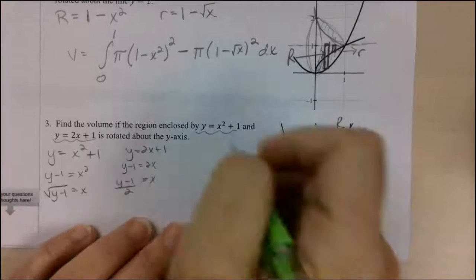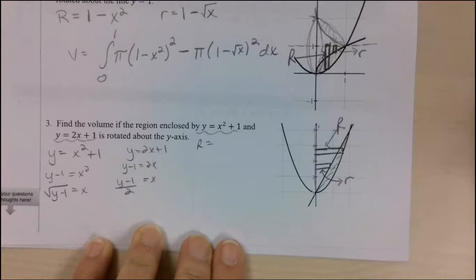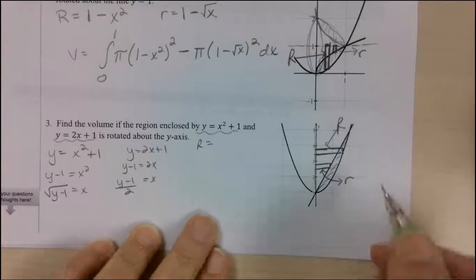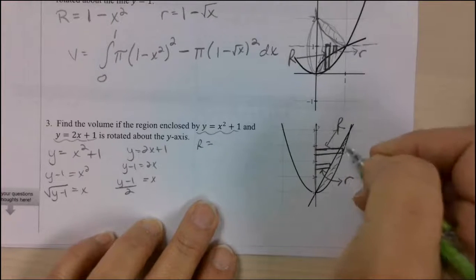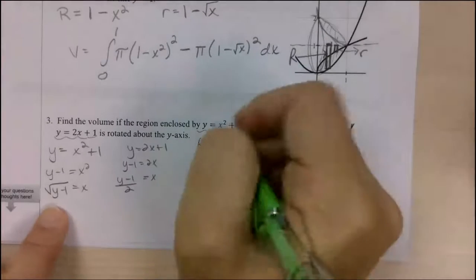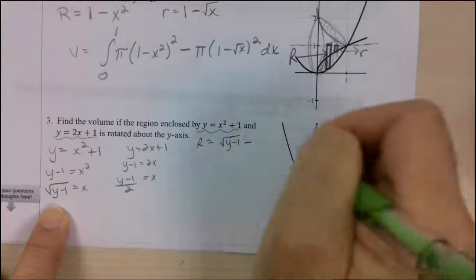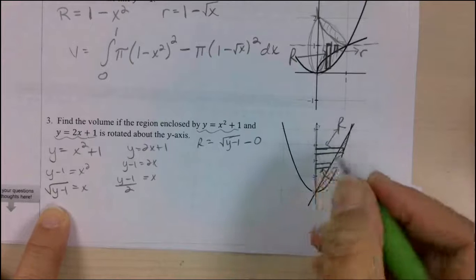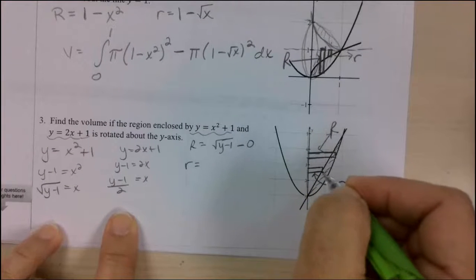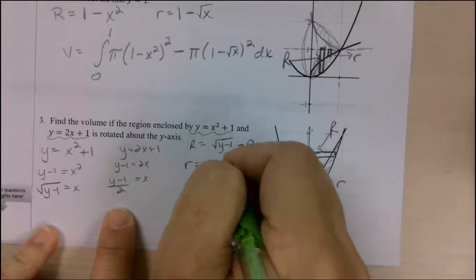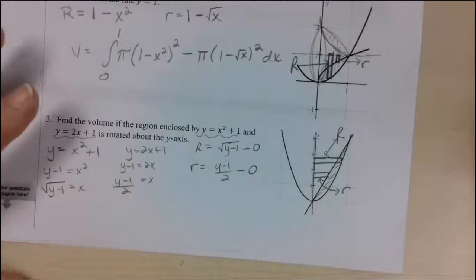All right. My big R. Now, in this case, instead of doing top minus bottom, we're going to do right minus left. On the right is what's actually going to be that square root function minus the left, which would be 0, the y-axis. And then my little r, what's on the right is the linear y minus 1 over 2, and the left, 0.